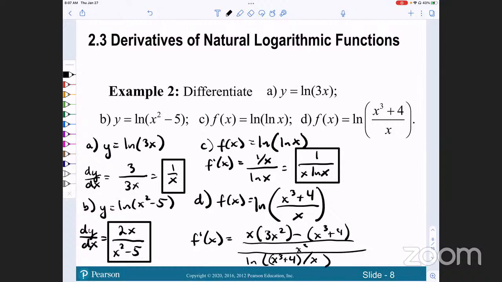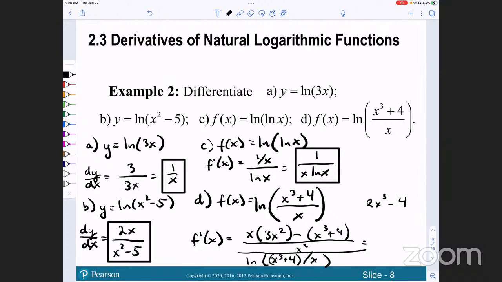Okay. Let's see. We could distribute the negative. We'll go to x cubed. Okay, we need to try to simplify this. So we get 3x cubed minus x cubed, which is going to leave us with 2x cubed minus 4.